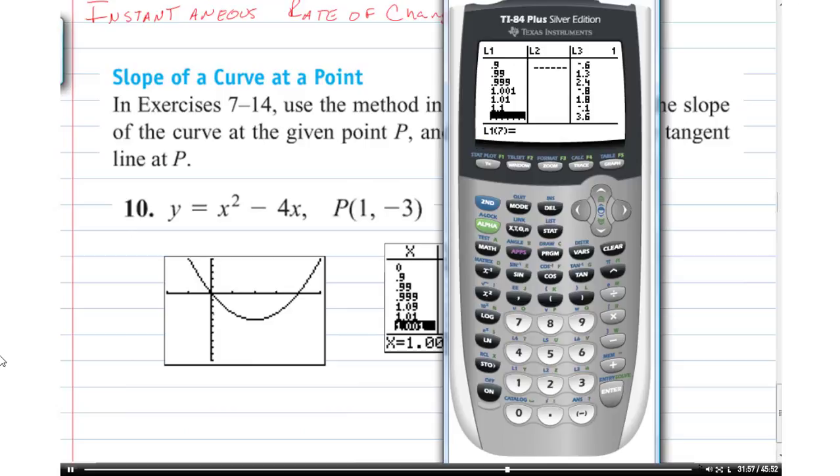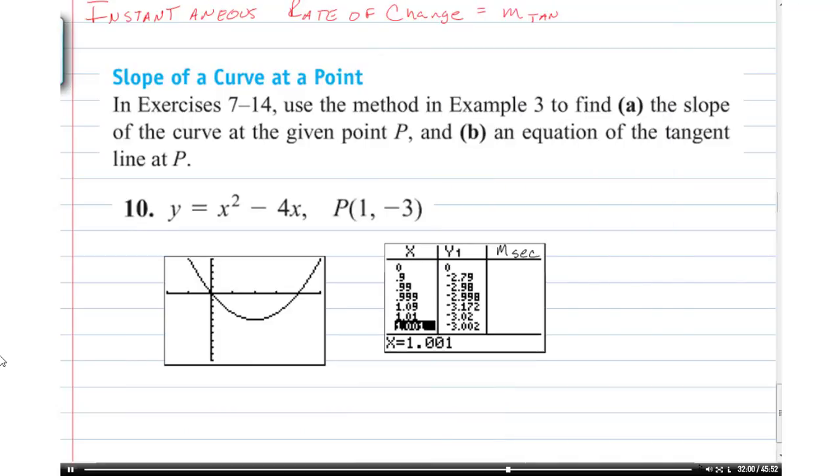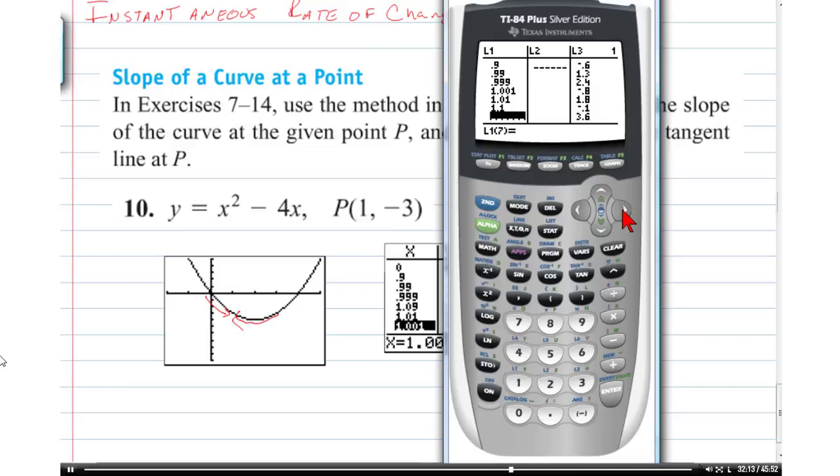What I'm doing is I'm letting these x values approach 1 from the left and from the right, coming in on 1. Then I'm going to have to tell the calculator how to figure out what goes in place of the y. So I'm going to type in a formula. We highlight list 2.